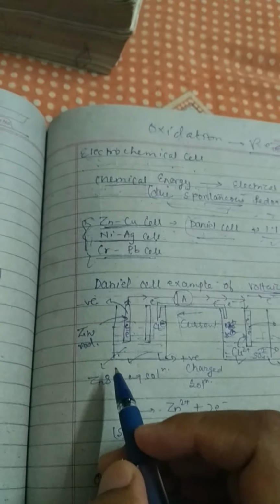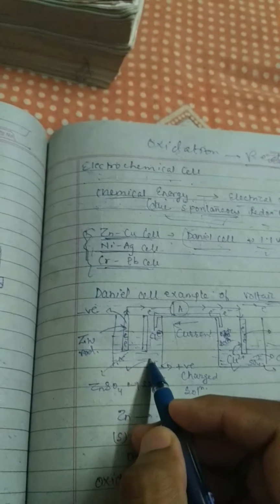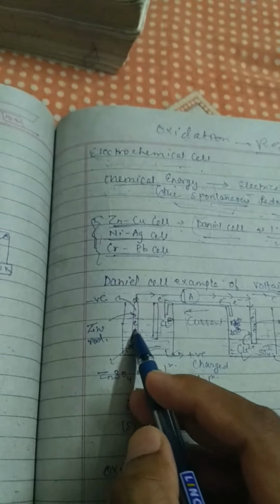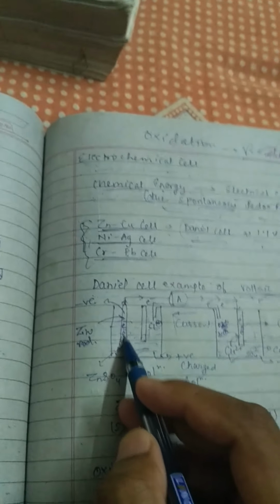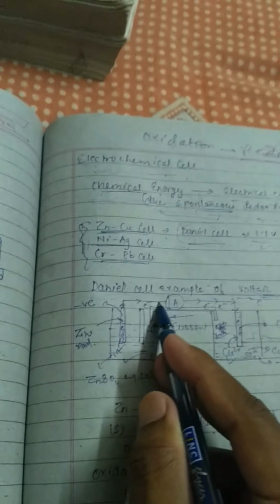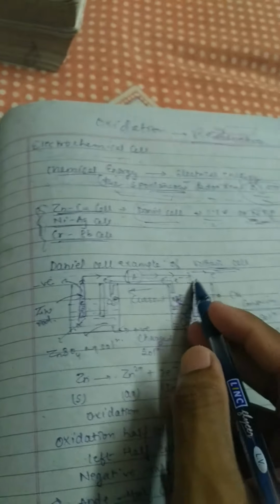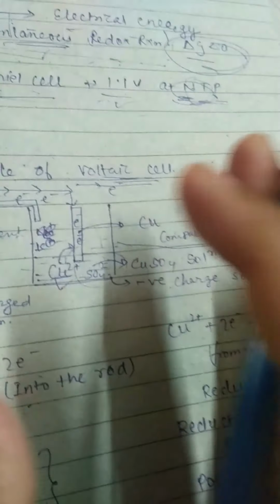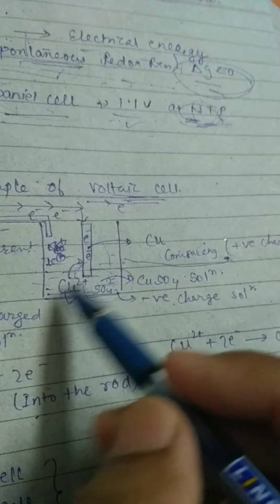The Zn2+ ions are released in the solution, and the electrons are left on this electrode and flow through the wire to the other cell. When they reach the other cell, the copper 2+ ions are attracted toward it and attach to it, whereas the SO4 2- ions remain in the solution.